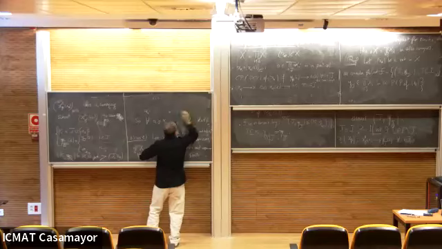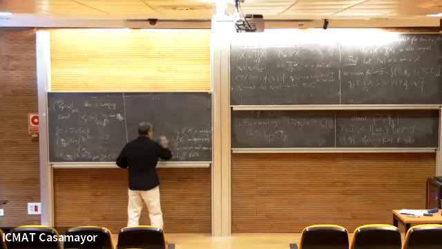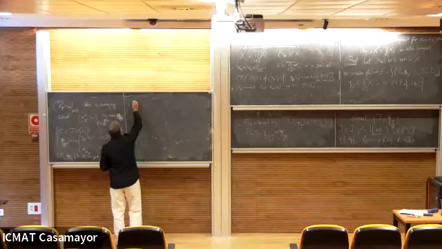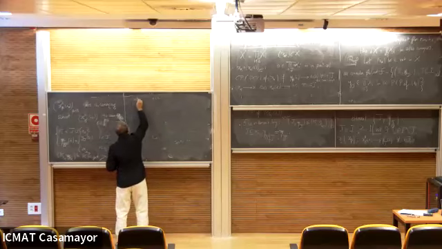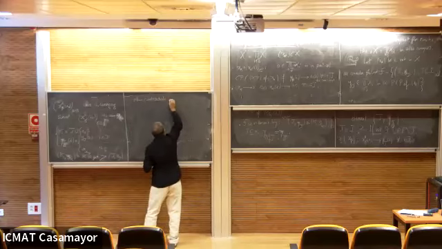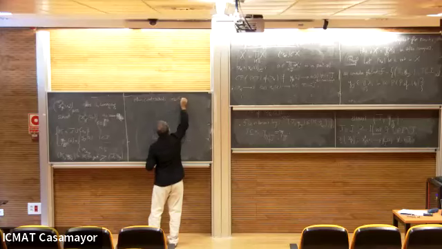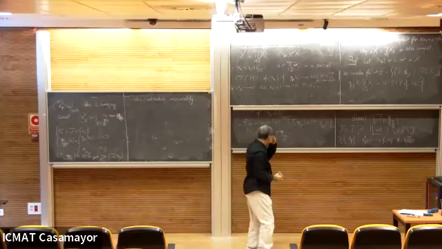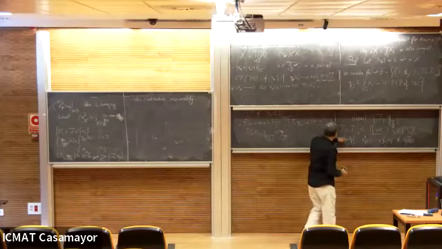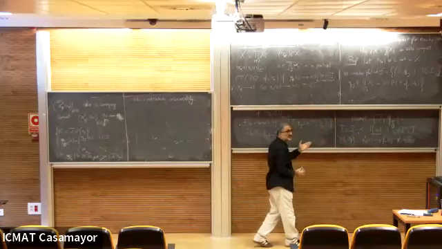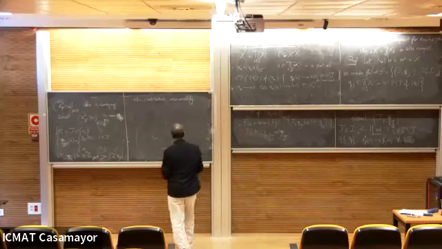This contradicts the maximality of our element. Okay, so we get that the set J is I and our point is the cluster point of the whole net.